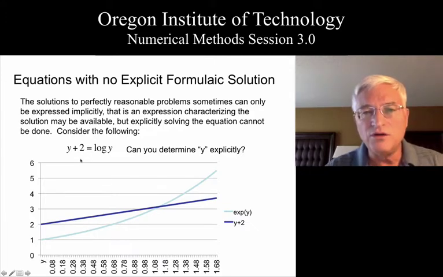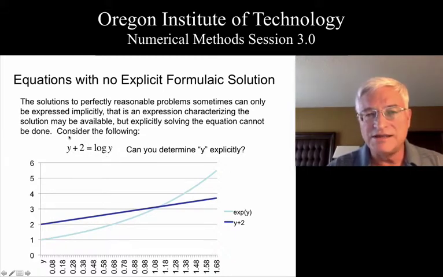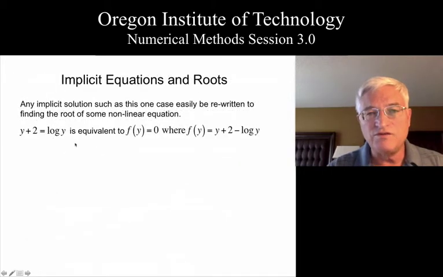So what we're going to do with this equation is come up with a method that we could program that would solve any kind of nonlinear equation, well, up to a point. And we will start by subtracting the log of y from both sides of the equation, creating some function on the left that must be equal to 0 for this relationship to be true. So that's what we've just done here.